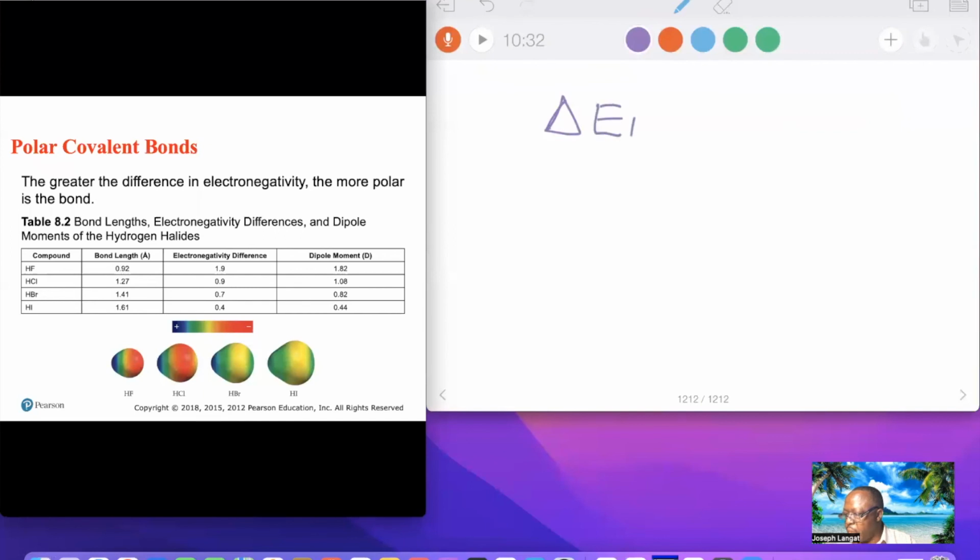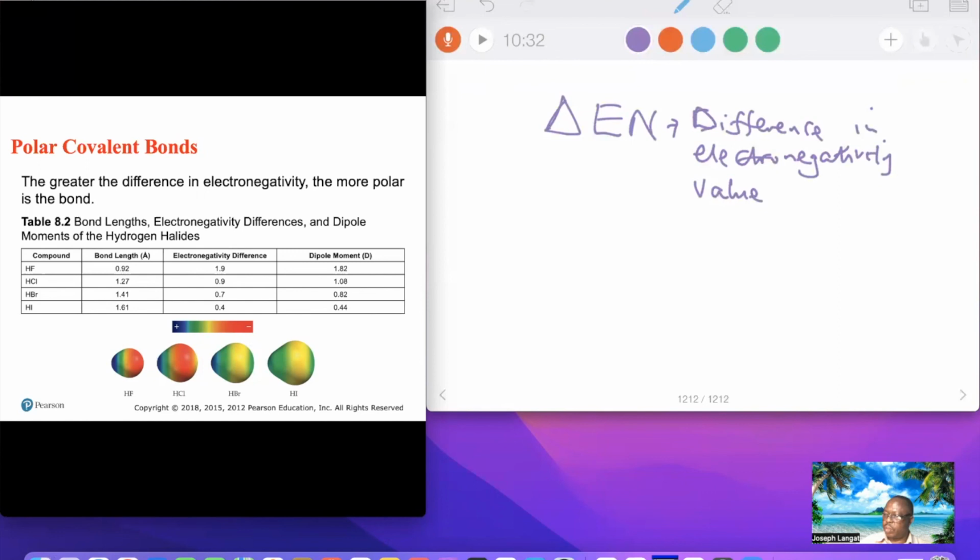Delta E means the difference in electronegativity values, which you subtract. We use this to tell whether the bond is polar or non-polar.